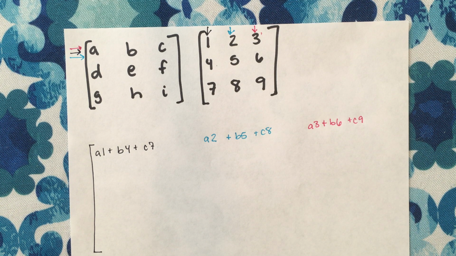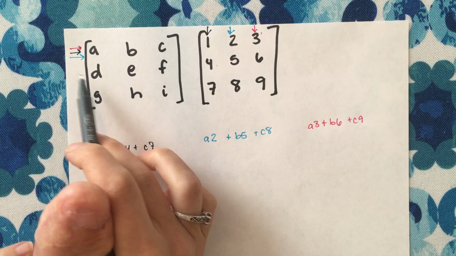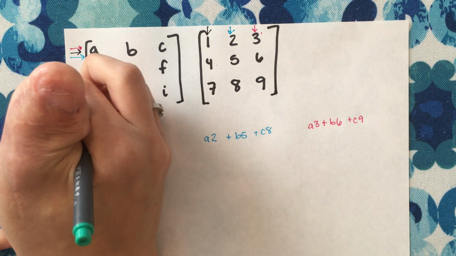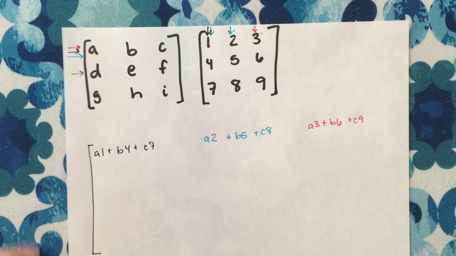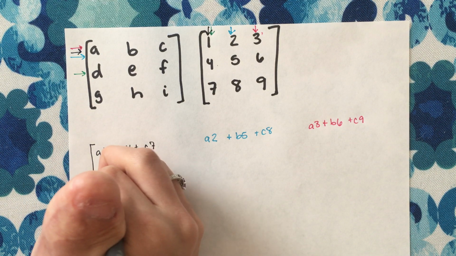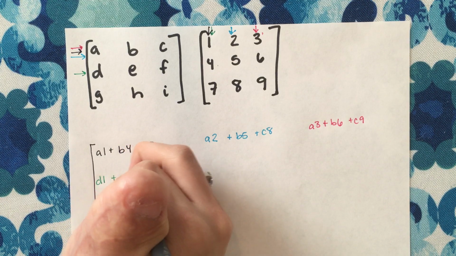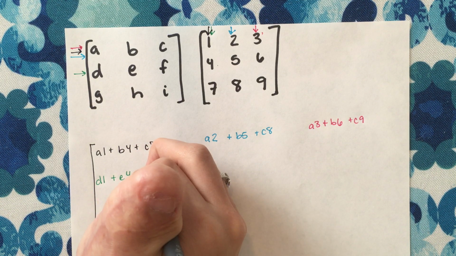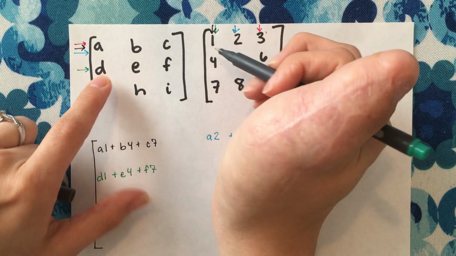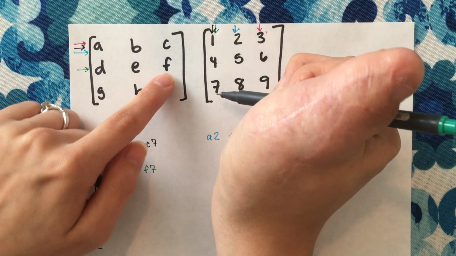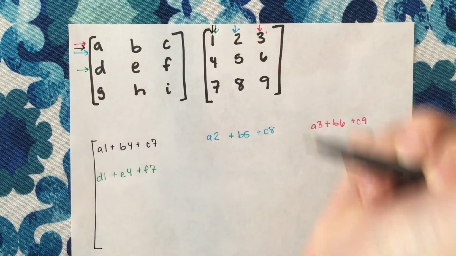All right, now let's do the second row and the first column. Okay, so I'm going to do D times 1 plus E times 4 plus F times 7. So I multiplied this one, added it to these two multiplied, which is added to these two multiplied.